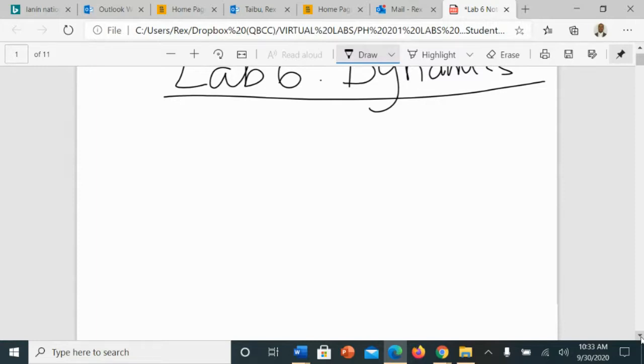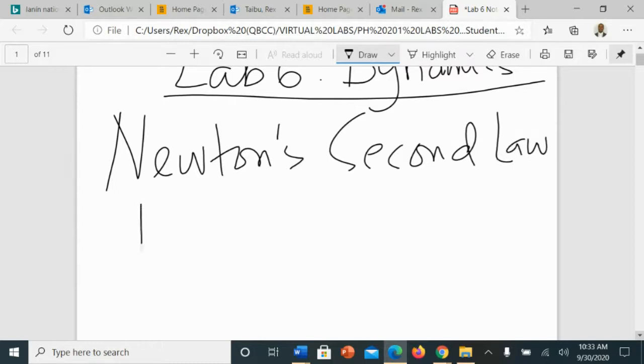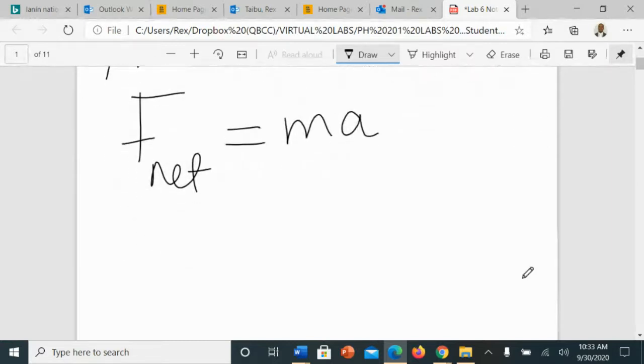Newton's second law says that the net force is equal to mass times acceleration. The net force acting on the object is equal to mass times acceleration.